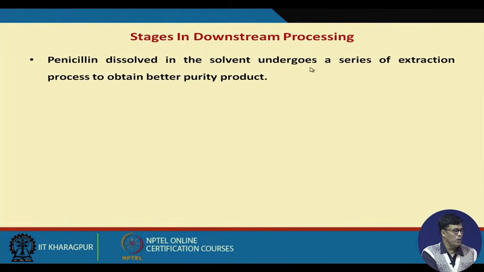Penicillin dissolved in the solvent undergoes a series of extraction processes to obtain better purity, because again we increase the pH using some aqueous solution, a kind of buffer solution, so that penicillin comes to the aqueous layer, and again it goes to the solvent layer.